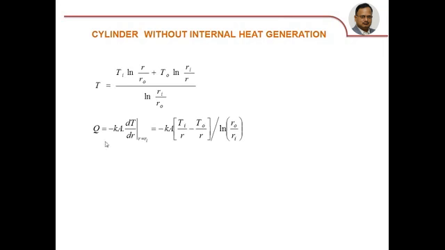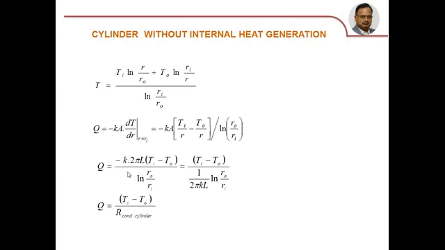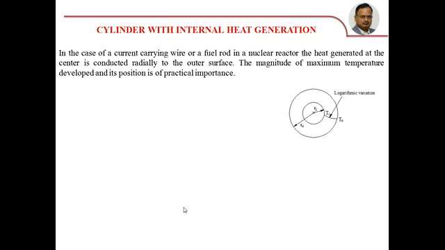And to determine heat transfer, Q equal to minus kA dT by dr at r equal to Ri. Conduction starts at that point, r equal to Ri. Substitute the dT by dr value at r equal to Ri, and you will get Q equal to minus k 2 pi L Ti minus T0 by logarithm of R0 by Ri, or Ti minus T0 by 1 by 2 pi kL log R0 by Ri, that is Ti minus T0 by the conduction resistance offered by the cylinder.